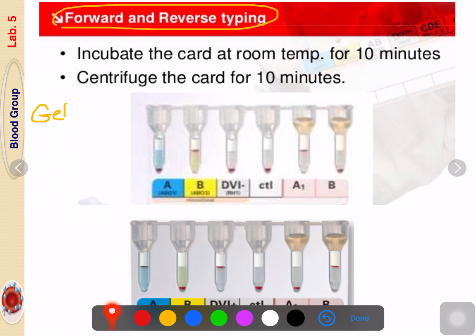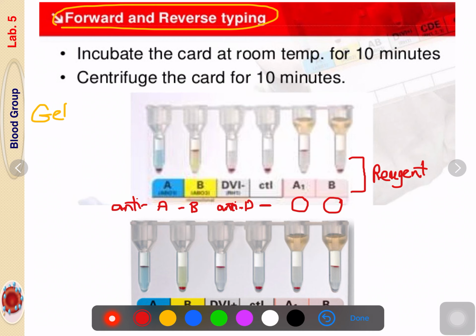So as a reagent here, if you want to detect, we have red blood cell here, nothing, and this one we have antibody, anti-D, and this one BA, it means anti-A and anti-B.